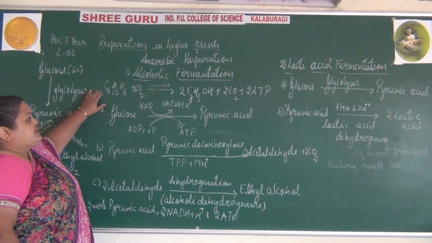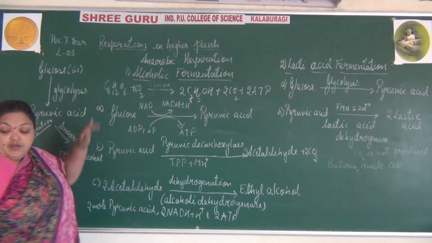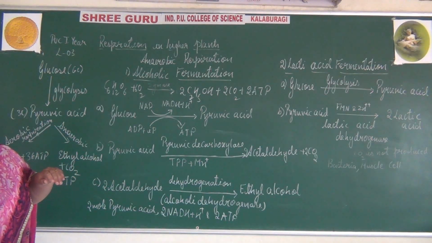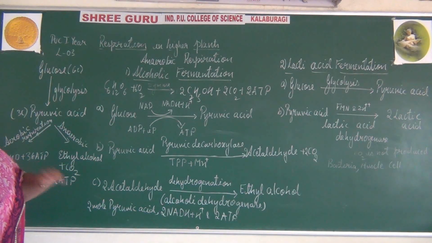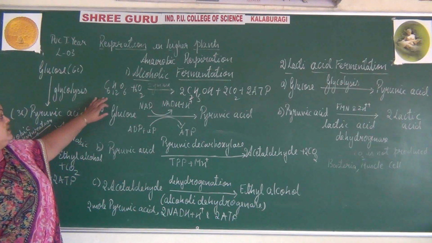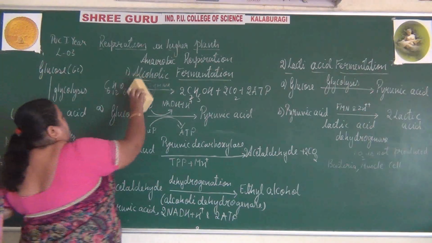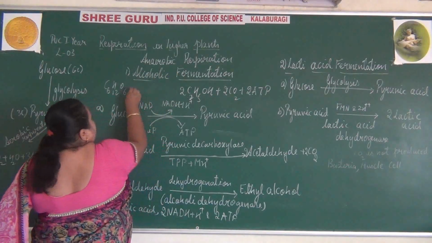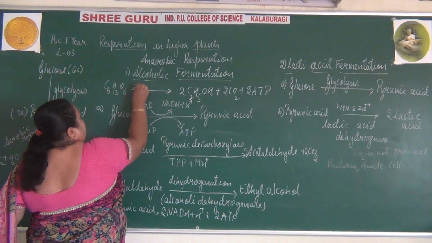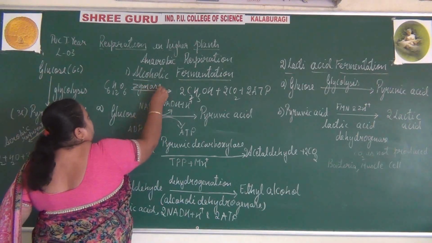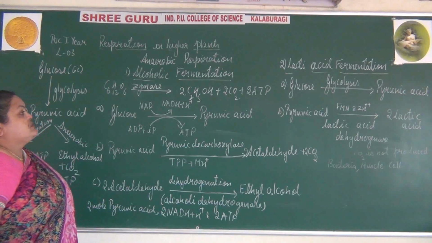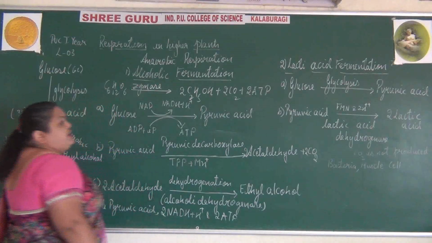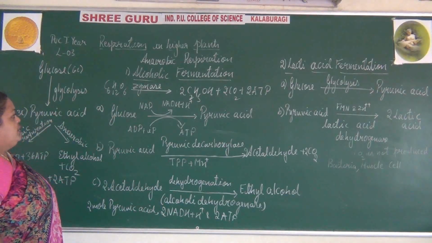This is the common equation of the process of fermentation, that is glycolysis. So in alcoholic fermentation, the glucose in the presence of the enzyme zymase produces ethyl alcohol with the release of carbon dioxide and 2 ATP molecules.